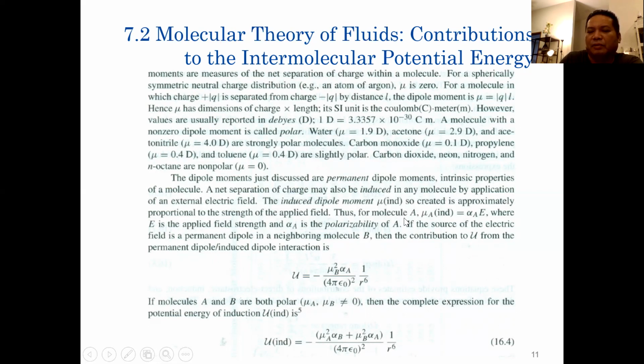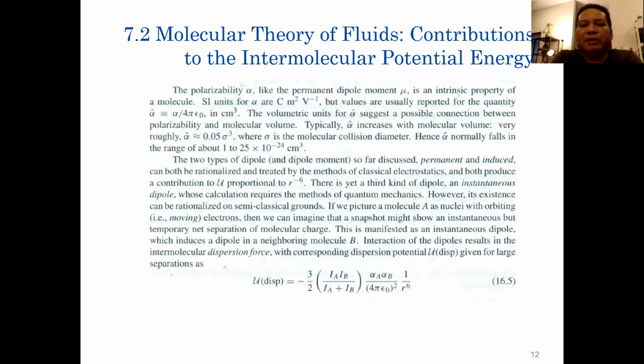For molecule A, μ_A induced equals α_A E, where E is the applied field strength and α_A is the polarizability of A. The source of the field can be calculated using this formula here. If A and B are both polar, then μ_A and μ_B are not equal to 0. Then the complete expression for the induced potential is this equation here.